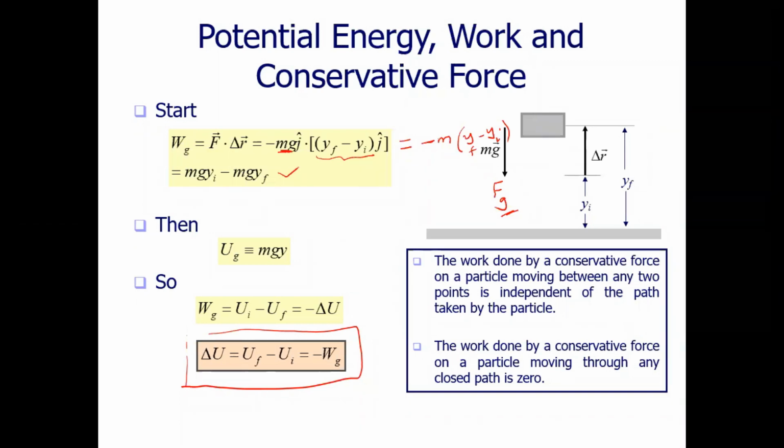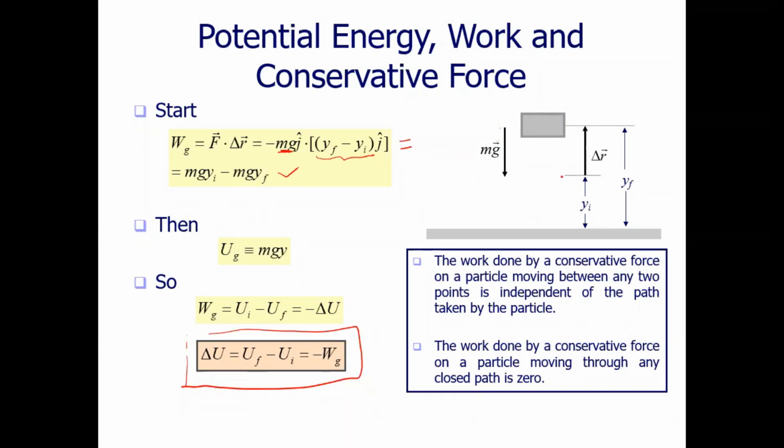And what does that mean? From this scenario that I had shown you, where the object is moving, the object moved from this initial point directly to that point here.